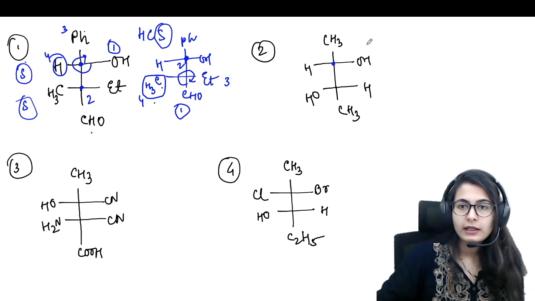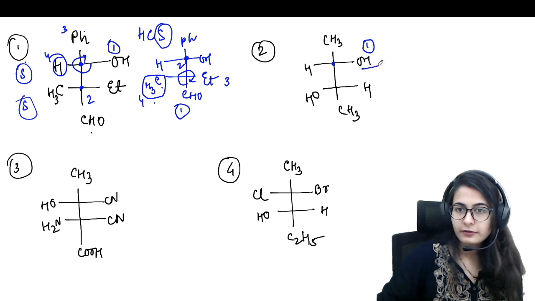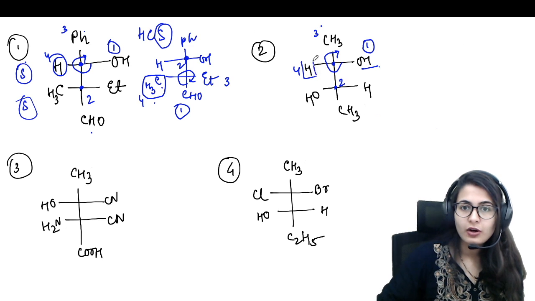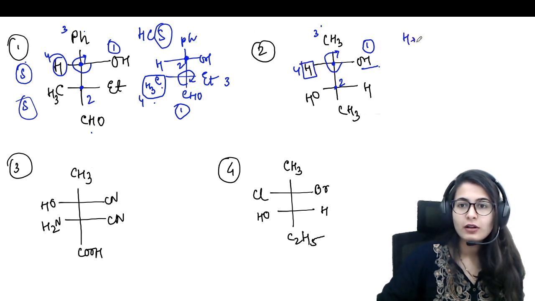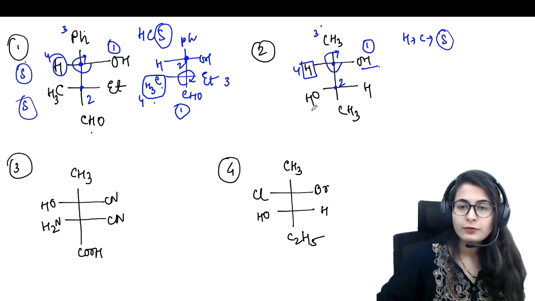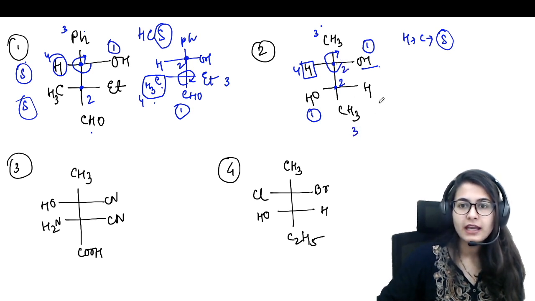So once again, quickly giving the priority order: 1 for the OH, second priority to the second carbon, third to this methyl, fourth. So 1, 2 and 3 is clockwise and horizontal. Horizontal clockwise is going to give you S configuration. Now for the second one, I'm just drawing over here 1, 2 for this carbon, 3 and 4.